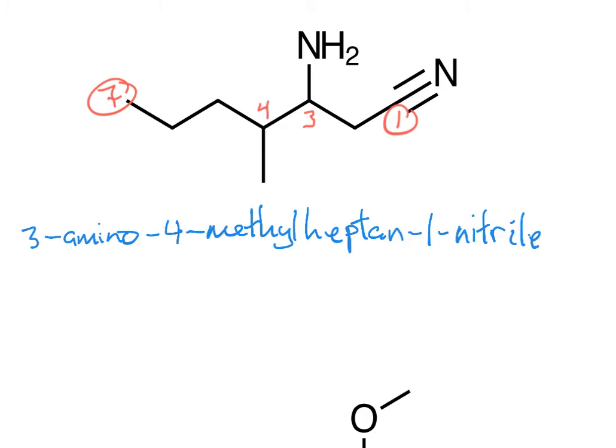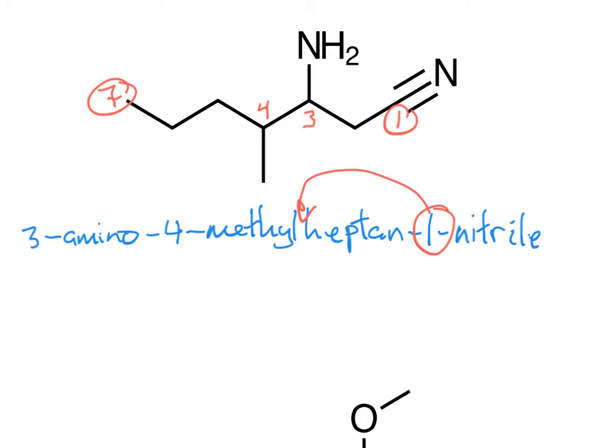Now, this 1 that I wrote in for modifying the location of the nitrile, again, that could be put outside here in front of the hept. So I could also call it 3-amino-4-methyl-1-heptanenitrile. All right, that would be another way to name that molecule.